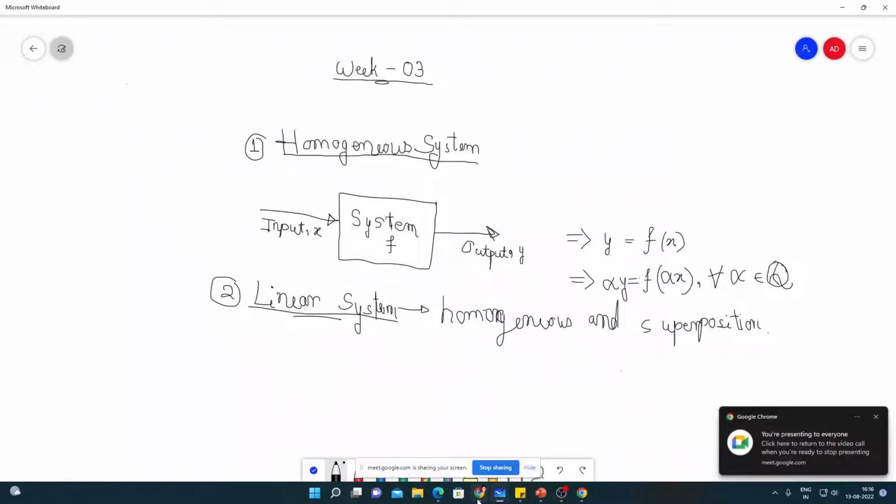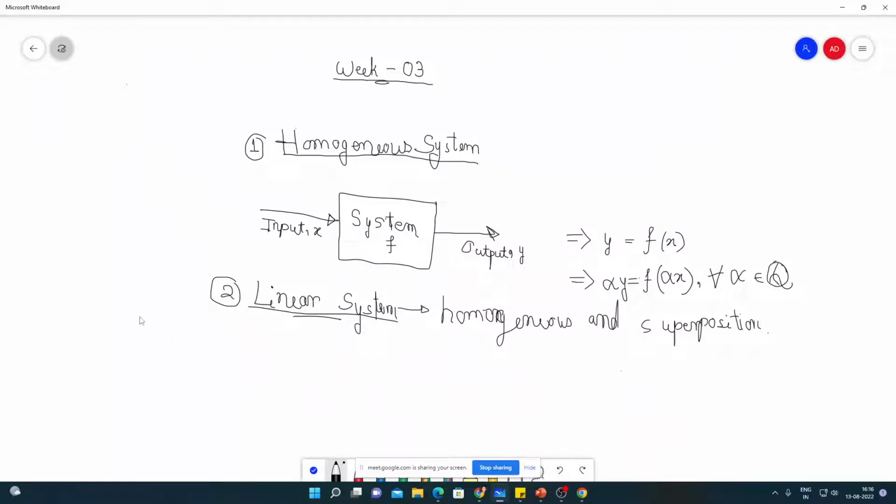So now a linear system satisfies the property of superposition, and it's also homogeneous. So basically, if you have a linear system, it has an output and there is an input.